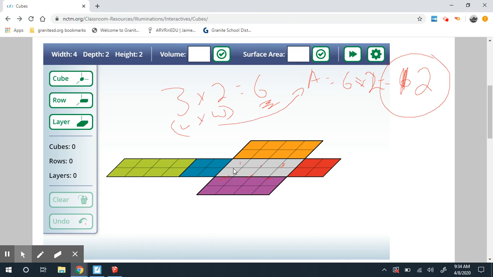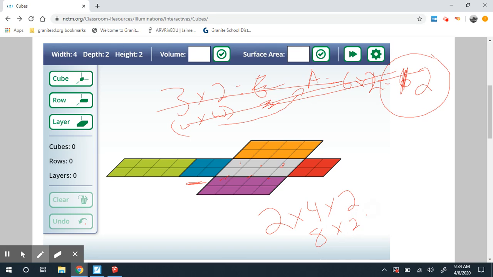Now it is a 2 by 4. So the area of this base is no longer 6, but is instead going to be 2 by 4, and then it's still 2 units tall. So 2 times 4 base area is 8, times 2 to get my volume is going to be 16.